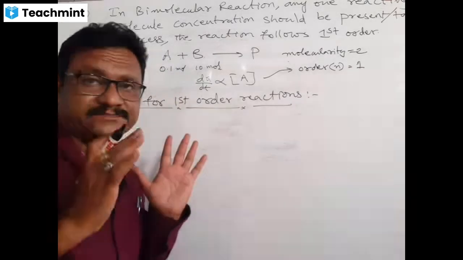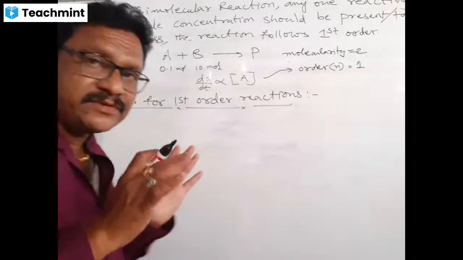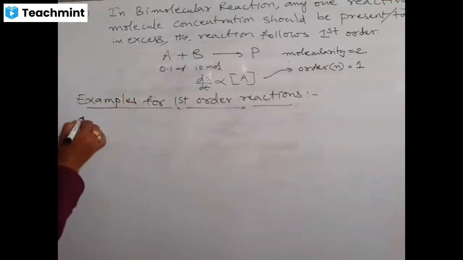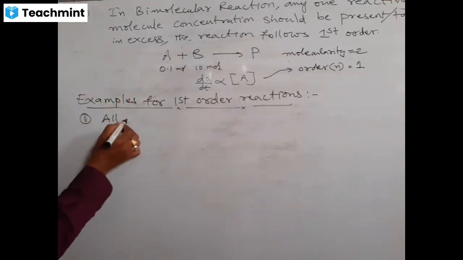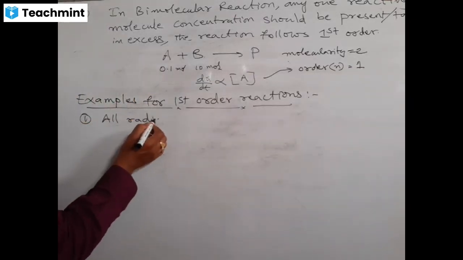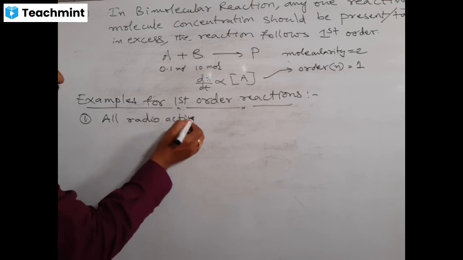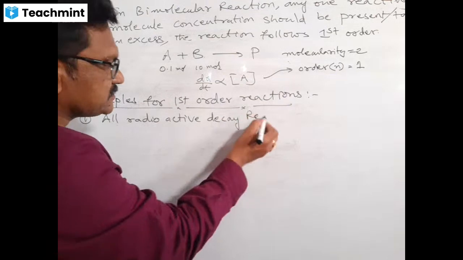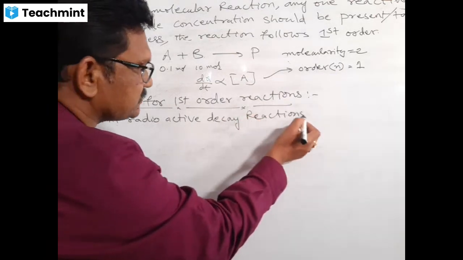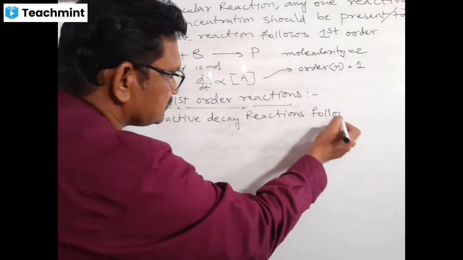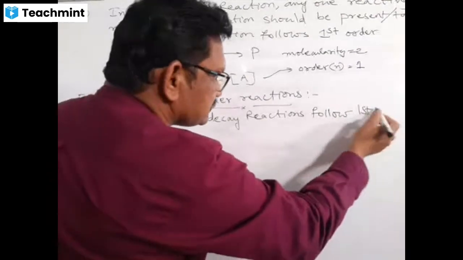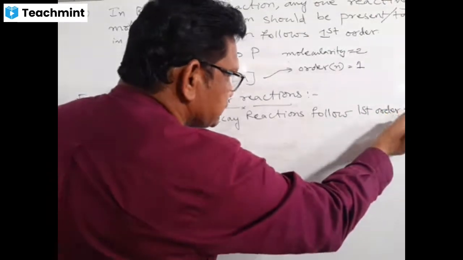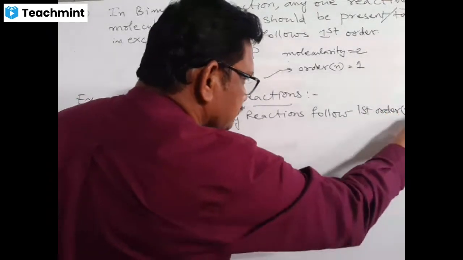Blindly, you remember all radioactive decay reactions follow first order. That means n is equal to 1.